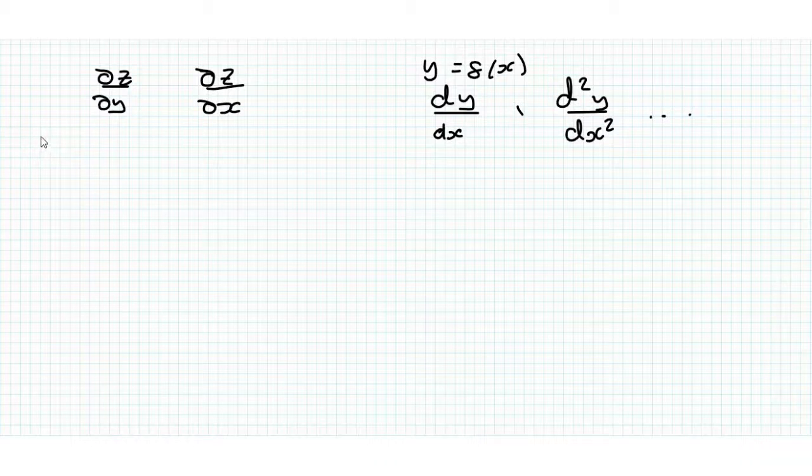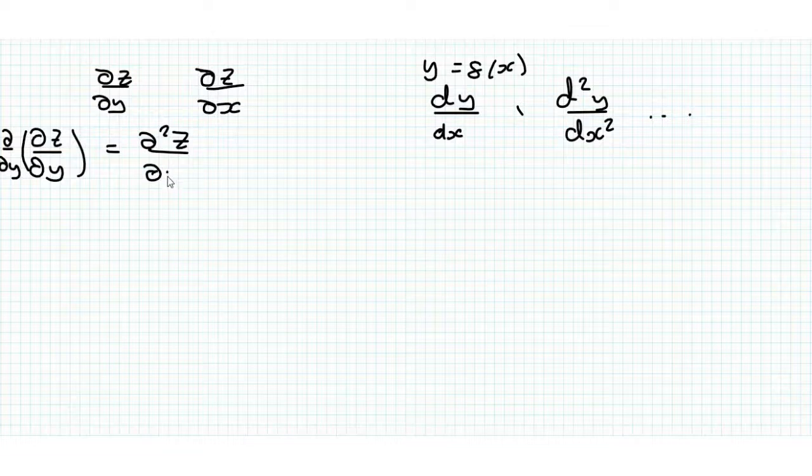So if we take partial dz by dy, and we partially differentiate this with respect to y, that's going to give us partial d2z by partial dy squared.